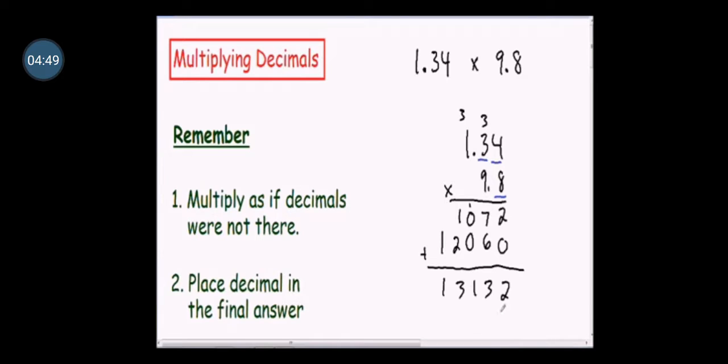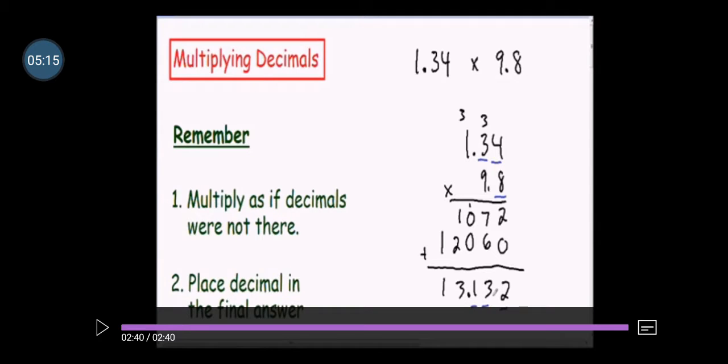So if we start from the right hand side, we have to place the decimal point after 3 digits. We can see here 1, 2, 3 and here we have to put the decimal point. So after multiplying 1.34 and 9.8, our final answer will be 13.132.